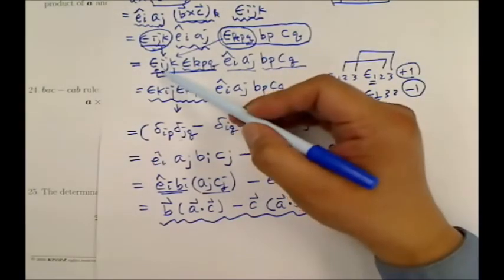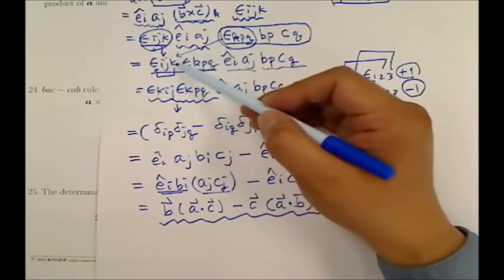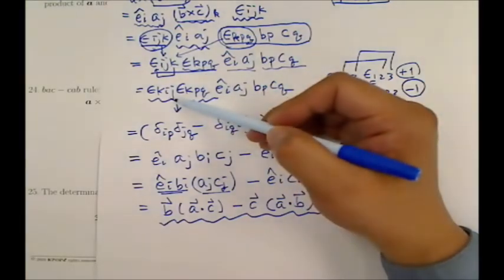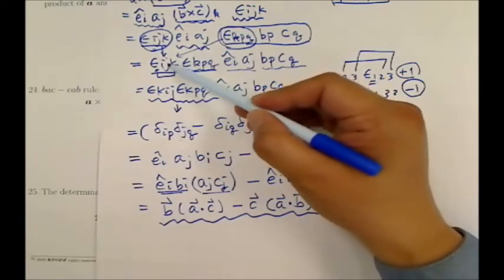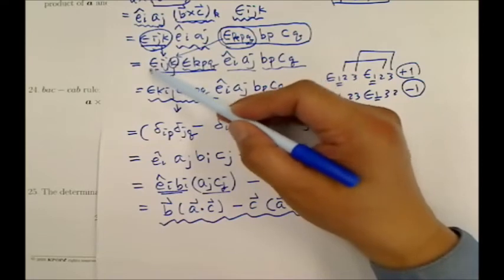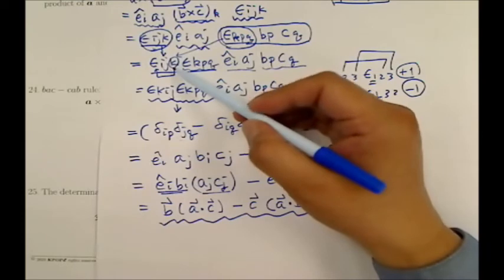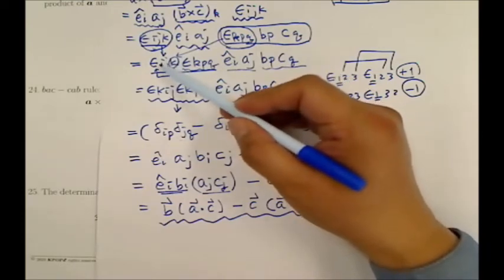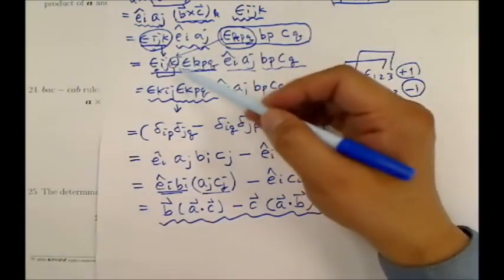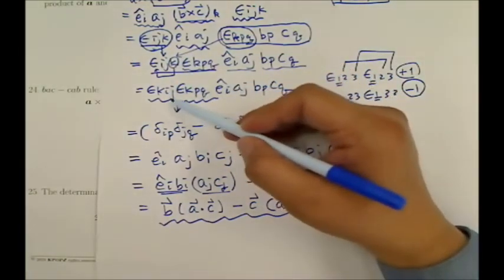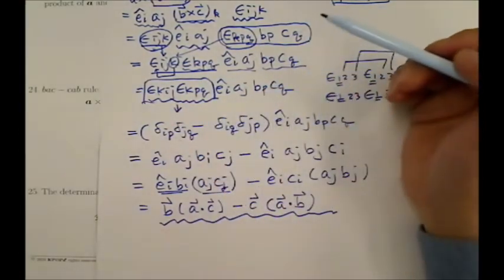We remember this epsilon ijk can be replaced with epsilon kij because, in order to bring this k to the left-hand side, you have two exchanges with j and i. Thus, I have a double negative sign, which gives a positive sign. So epsilon kij, epsilon kpq appears.